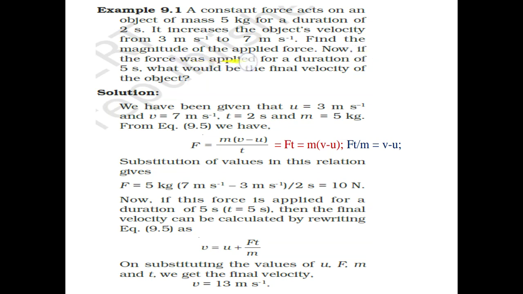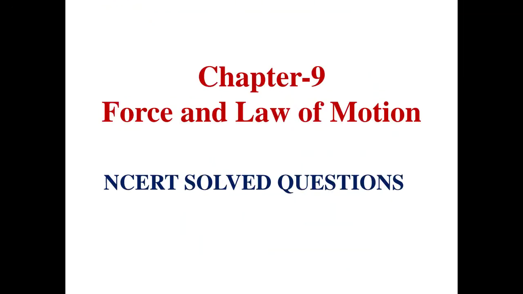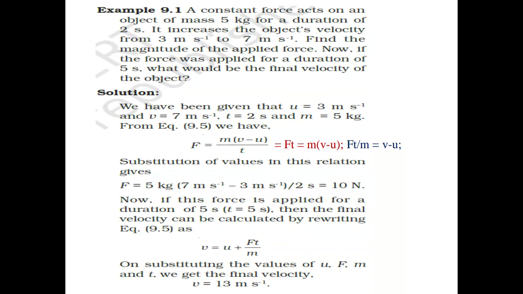Now, if the force was applied for a duration of 5 seconds, what would be the final velocity of the object? Actually, this question consists of two separate questions, so we will solve it part by part. Till this, there is one question and this is another question. In the first question, we have to find force, so we will solve it first.